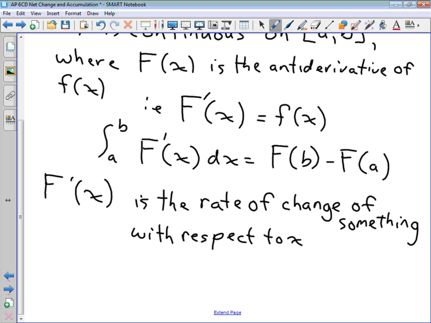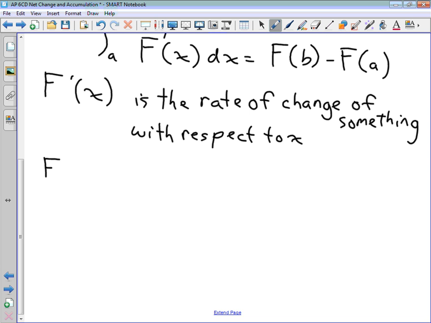If we look at the right-hand side, capital F at b minus capital F at a, we're taking this something that we're finding the rate of change of. So not the rate of change of it, but the actual value of that something. We're evaluating at 2 points, b and a, and we're taking the difference.